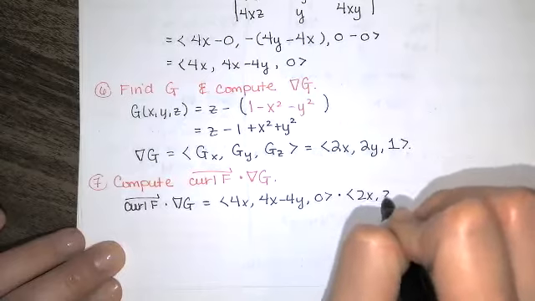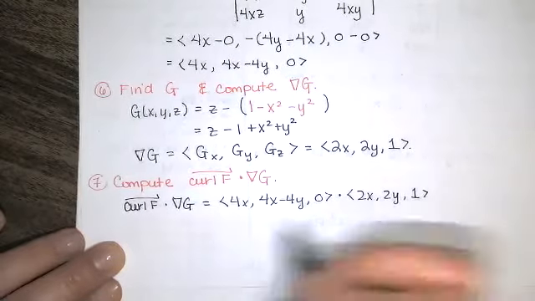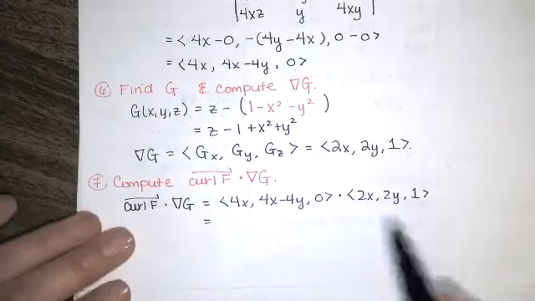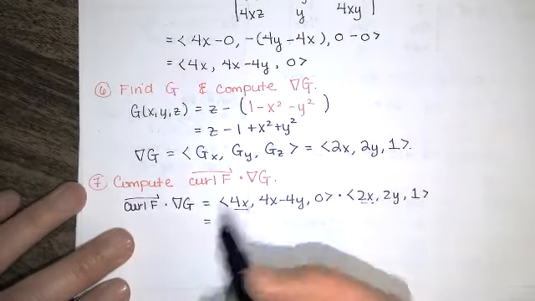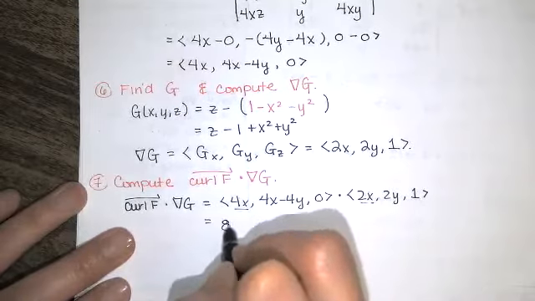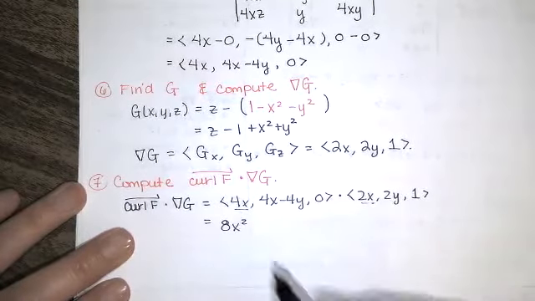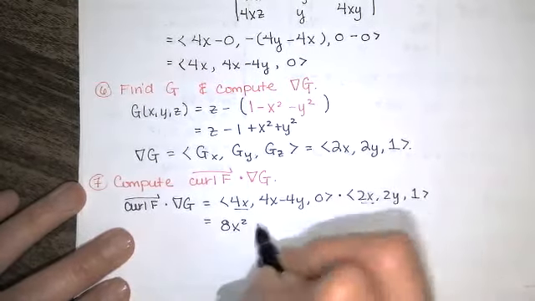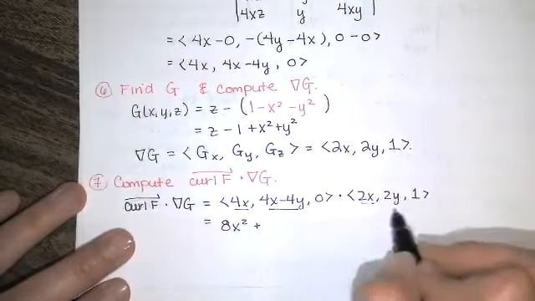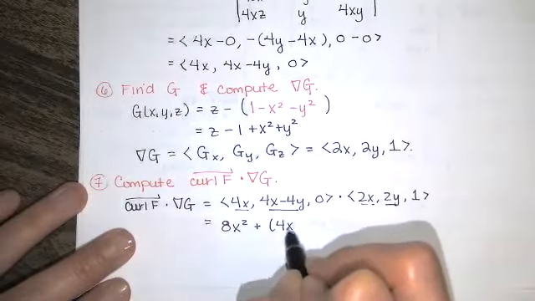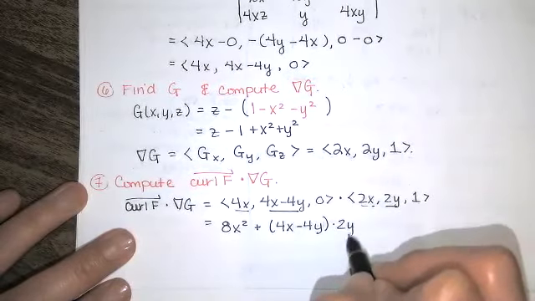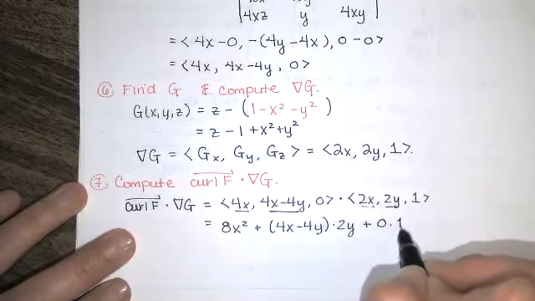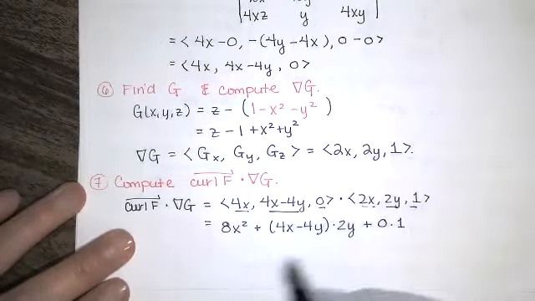And we're doing this dot product. Remember how dot products work? You multiply and add, multiply and add. So we've got component times component, multiply. 4 times 2 is 8, x times x is x squared, and then we add. Multiply 4x minus 4y times 2y, and then add 0 times 1.